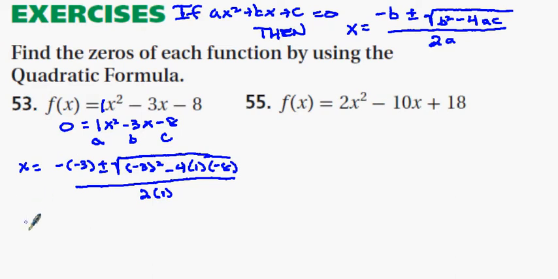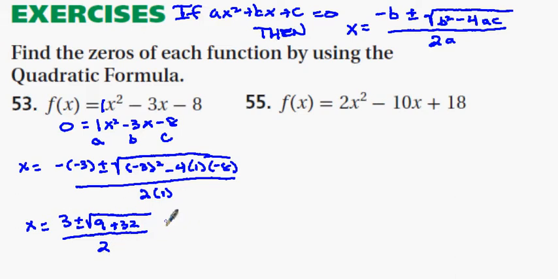Two negatives make a positive, so I have 3 plus or minus the square root. Negative 3 times negative 3 is 9. Negative 4 times 1 times negative 8 is a positive 32. And 2 times 1 is 2.